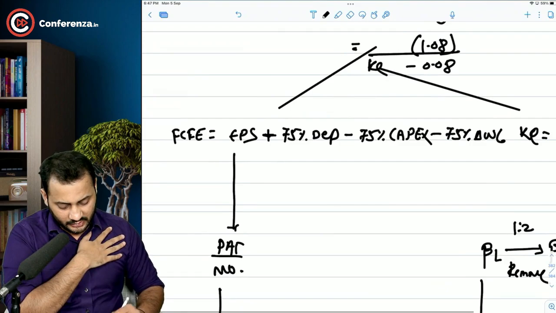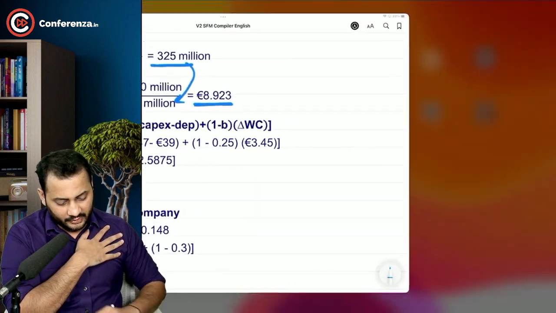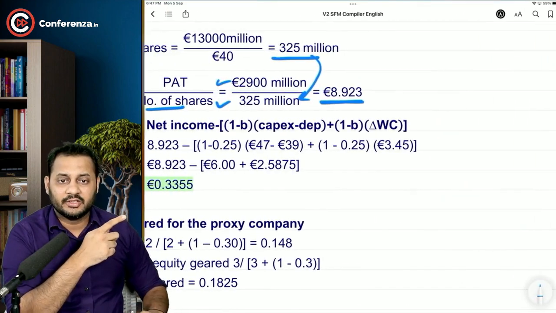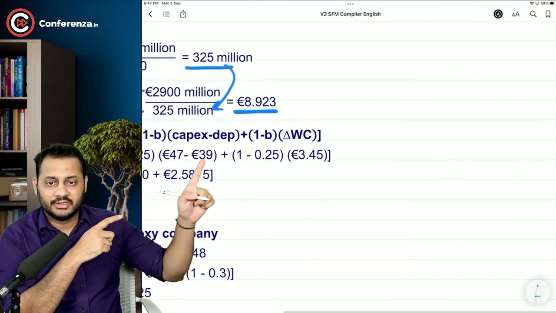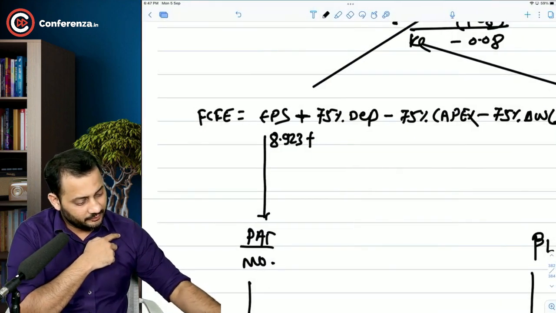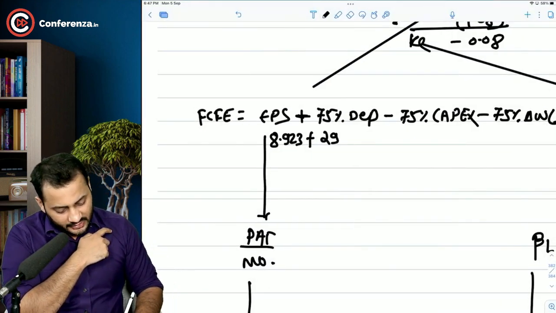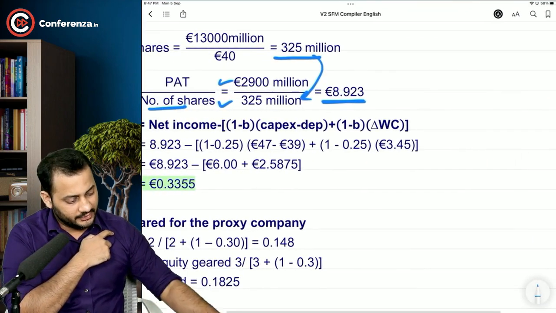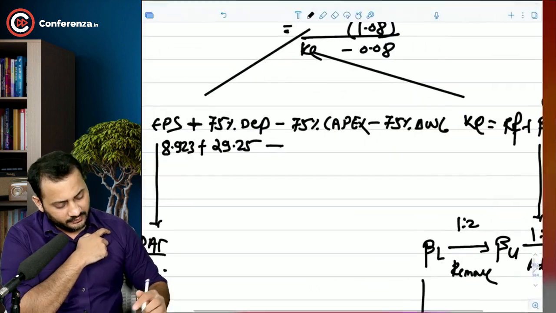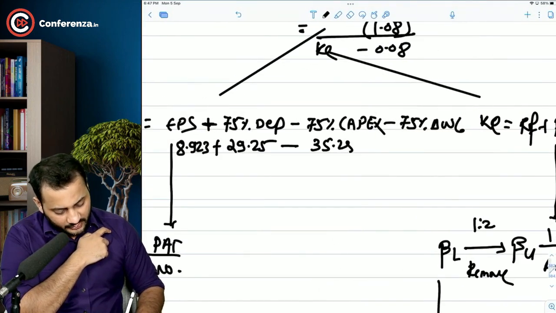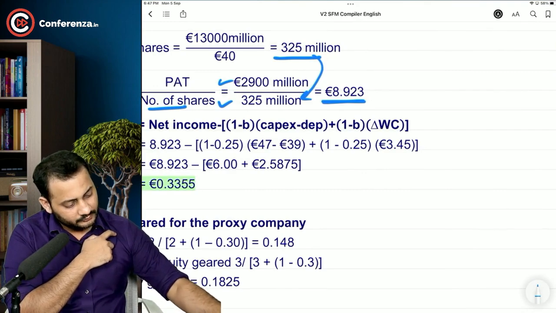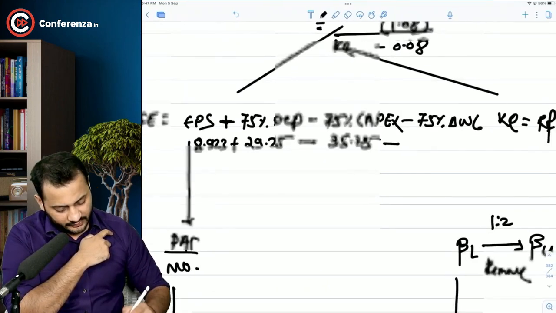So let's first do it our way. 8.923, right? So what is the earning per share? 8.923 plus 75% of the depreciation. Total depreciation is 39. Take 75% of that, which is 29.25, minus 75% of the capital expenditure, 47 into 75% is 35.25, minus 75% of the working capital, 2.5875.